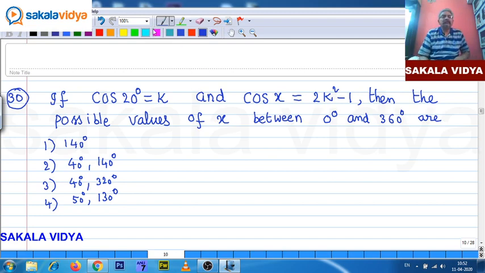So, now as the k value is equal to cos 20 degrees, cos x is in terms of k value. Instead of this k, let us substitute cos 20 degrees. Then let us see what we get now.